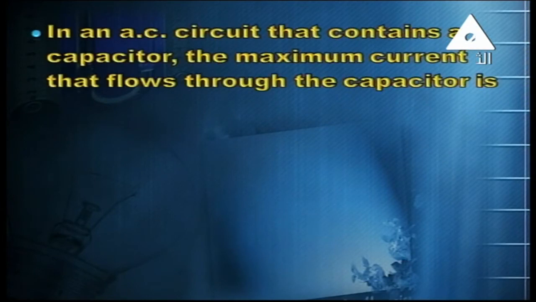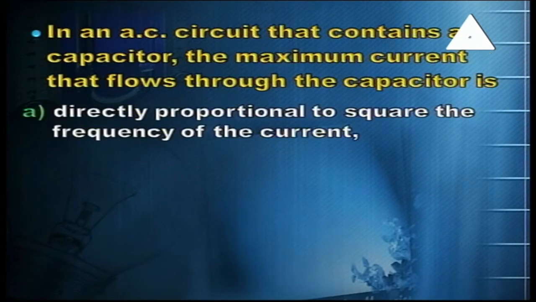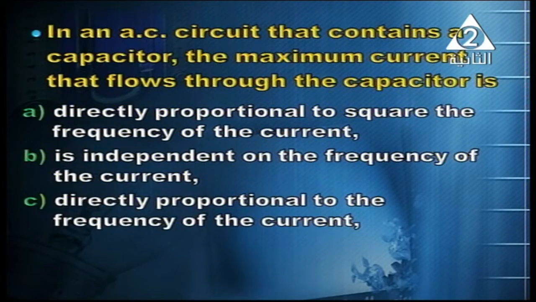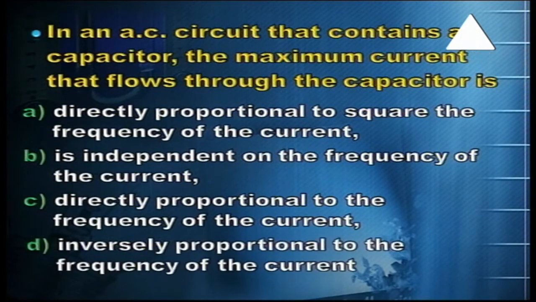Another choice. In an AC circuit that contains a capacitor, the maximum current that flows through the capacitor is directly proportional to square the frequency of the current, independent of the frequency, directly proportional to the frequency, or inversely proportional.